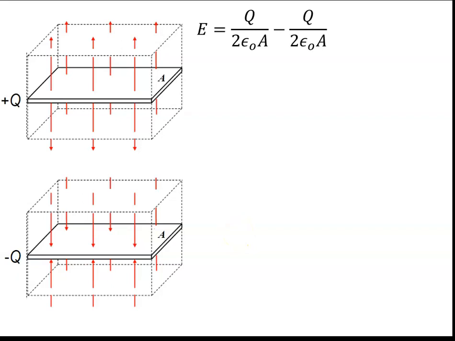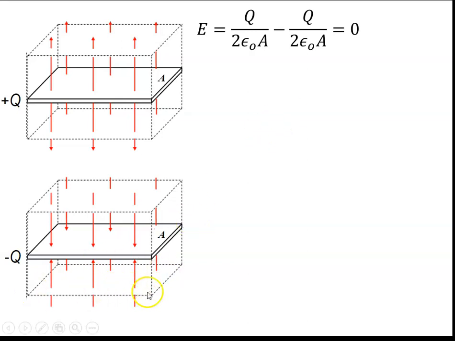Yeah, we're going to have to subtract. Consider an arbitrary direction, like up being positive. So here's positive direction, this amount. Here's negative direction, this amount. And what's going to happen? Well, those fields are going to cancel. And you might have noticed every single time we draw the field for oppositely charged parallel plates, we've never drawn a field above it. And this is why. Because the fields do cancel out to zero.